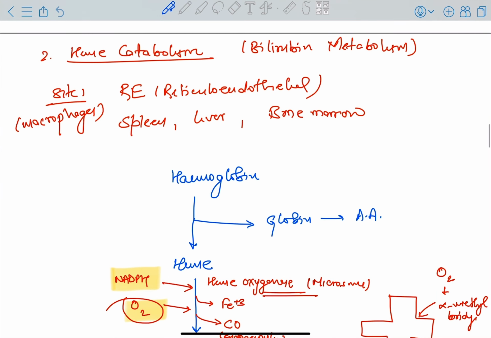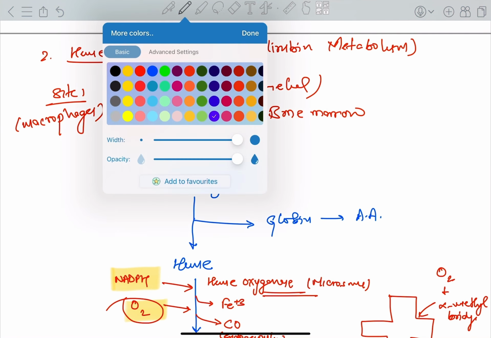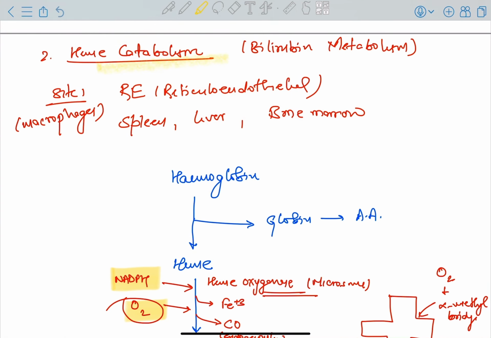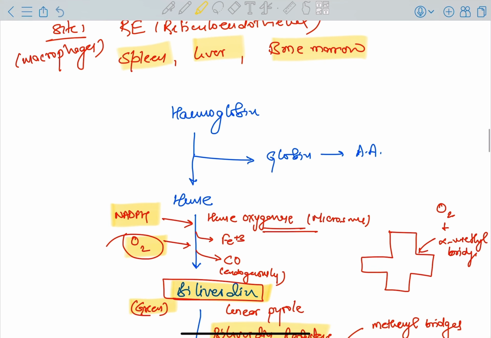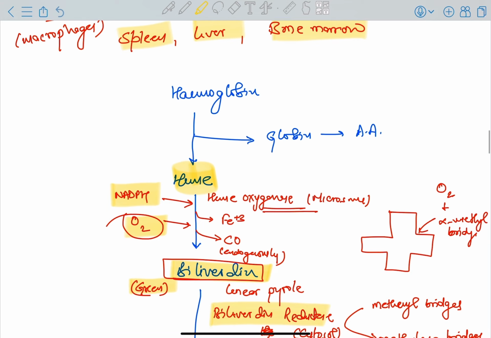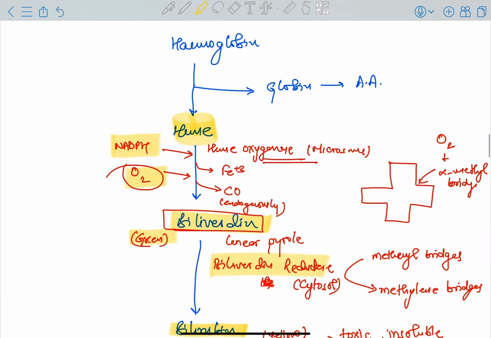What happens? Heme catabolism occurs in the reticuloendothelial system: spleen, liver and the bone marrow. Hemoglobin, heme बनेगा पहले with the help of heme oxygenase जो कि microsome में present है. NADPH and O2, Fe+3 निकलेगा and endogenous production of carbon monoxide occurs to form the biliverdin, which is green colored.